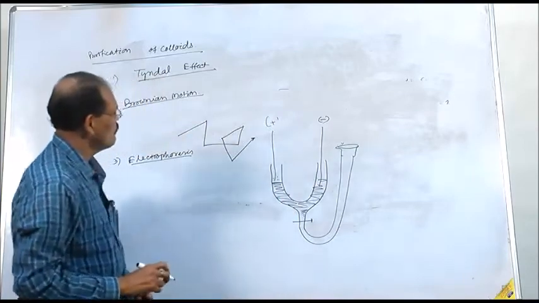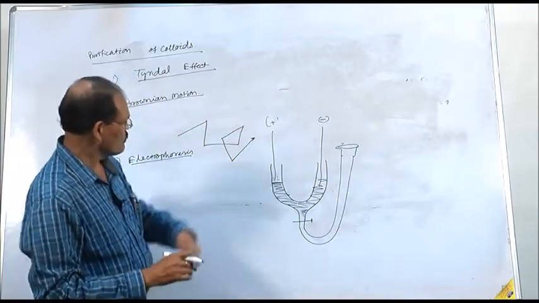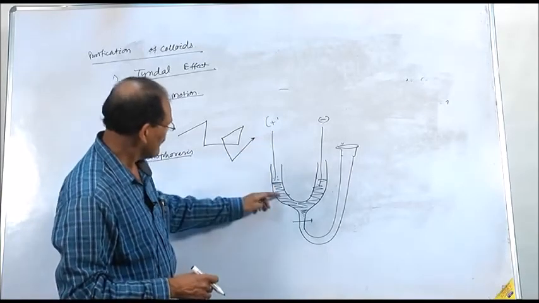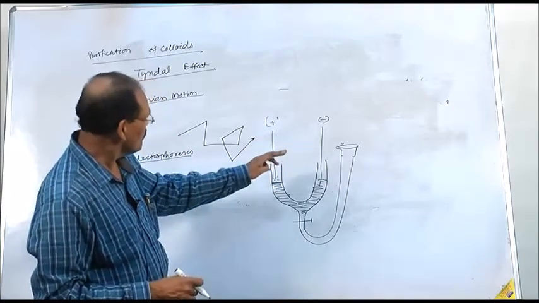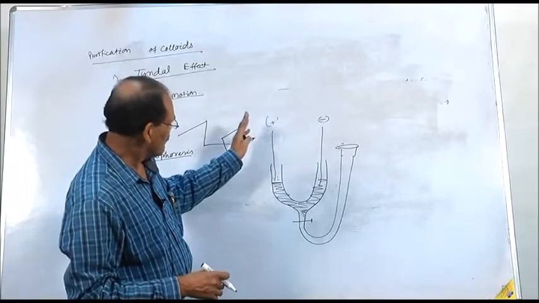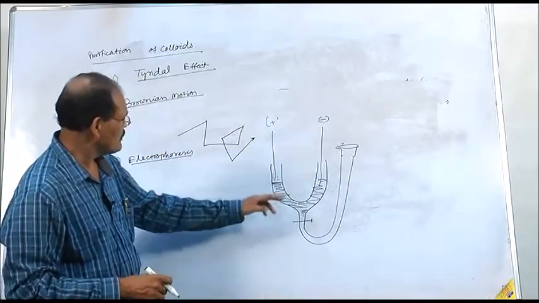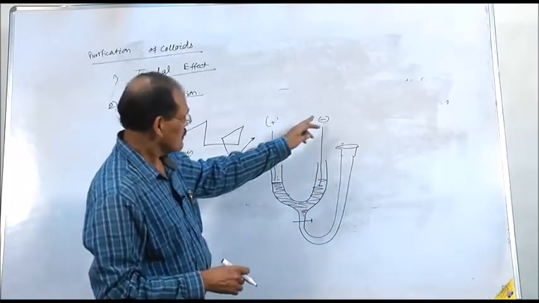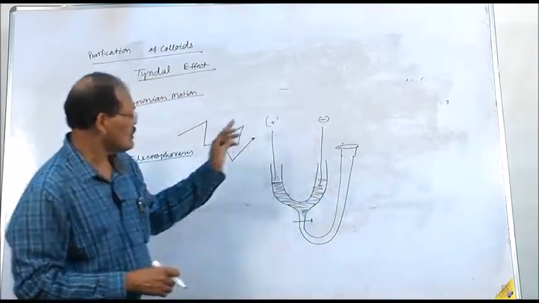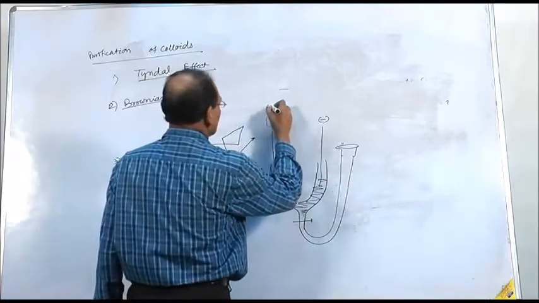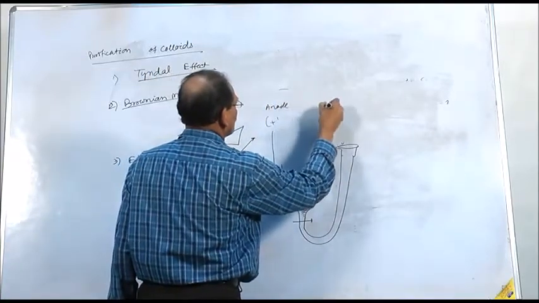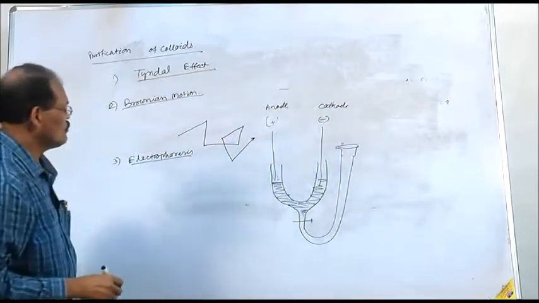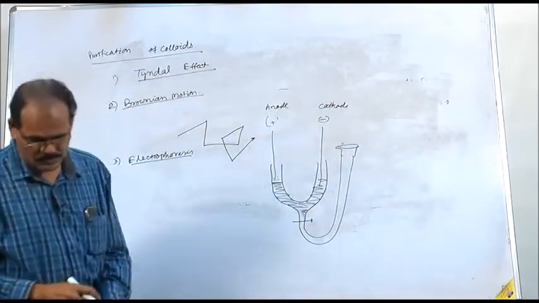What happens when an electric field is introduced to this? There is migration of charges: negative ions to the positive pole and positive ions to the negative pole. That means the positive ions go to the cathode and negative ions go to the anode. This is the anode. And this process is known as the electrophoretic process.